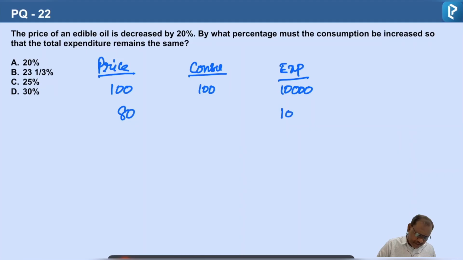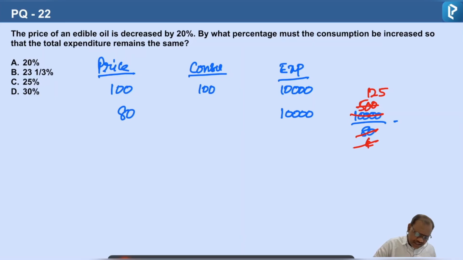Expenditure remains the same, 10,000. So 10,000 by 80. Simplify this, 2 fours, 25 fours, carry 2 zeros, 4 125s.